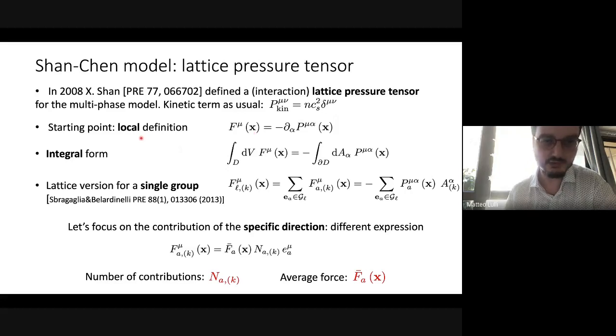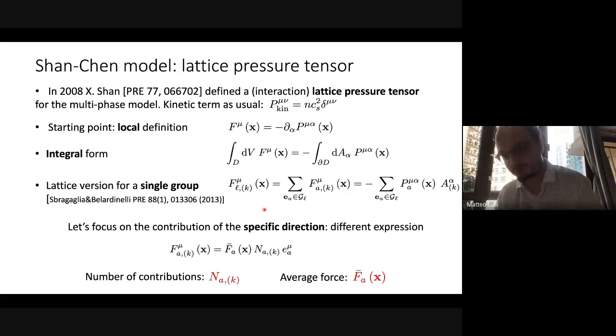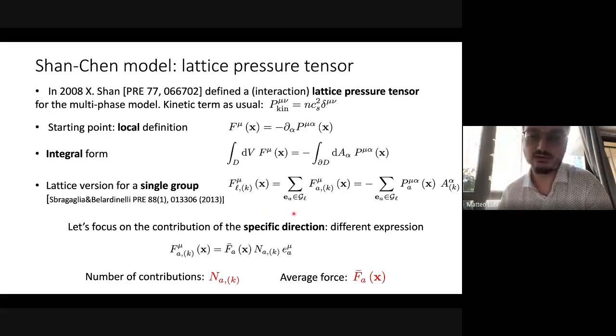So the starting point is the local definition of the force from the pressure tensor. Then one considers the integral form, so a volume integral equals this boundary integral of the pressure tensor. And this has been transposed into a lattice expression, which is this one.